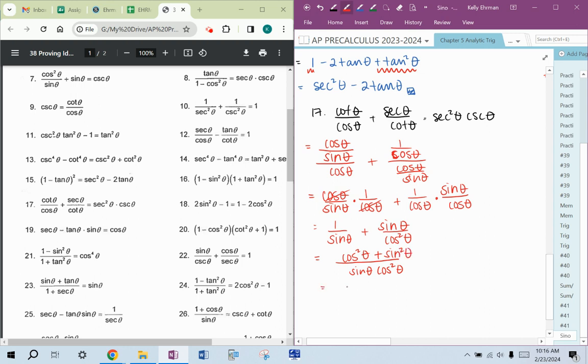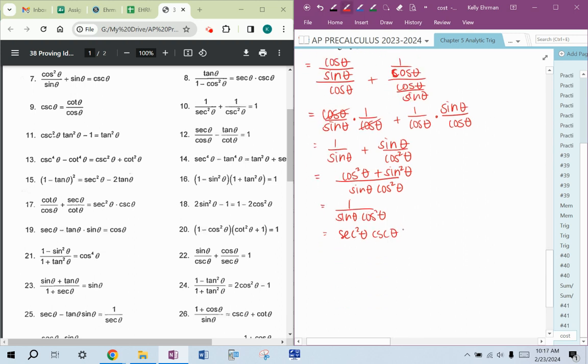Sine squared plus cosine squared is 1. 1 over sine is cosecant theta. I'll try to write this in the same order. This says secant squared. 1 over cosine squared is secant squared theta. And 1 over sine is cosecant theta. Since they're being multiplied, I can split this up like that. And that's the final for 17.